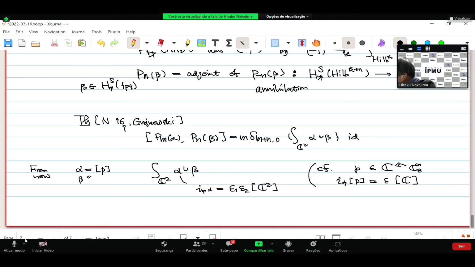In the previous case, the tangent space is one-dimensional, and the equivariant Euler class is the product of the weights. In the previous case you have only one weight, so it's epsilon, but in this example we have two weights, so this is the product of epsilon 1, epsilon 2. And this C2 is the Poincare dual of 1. So when you take a product with 1, it is a unit.